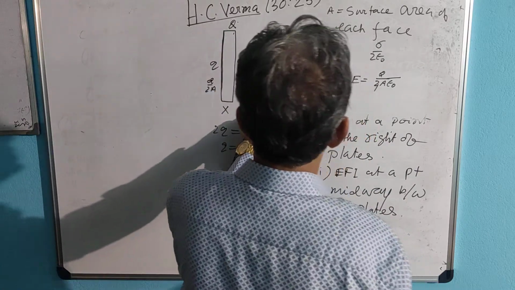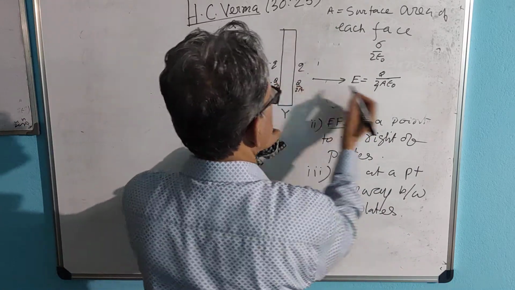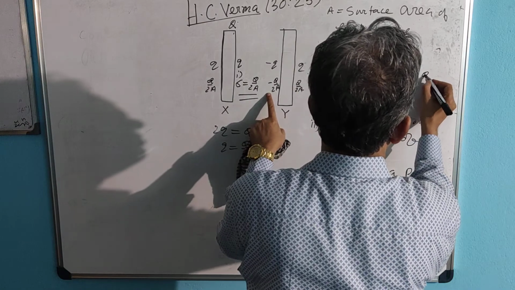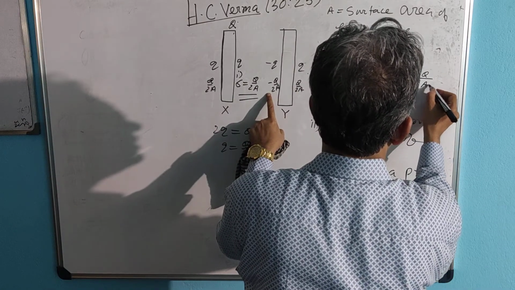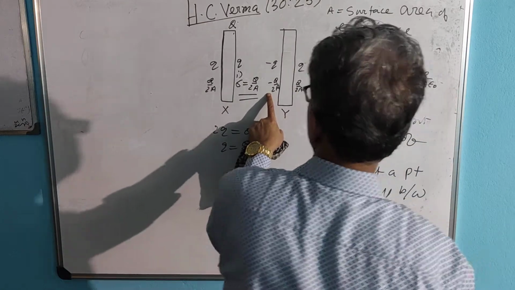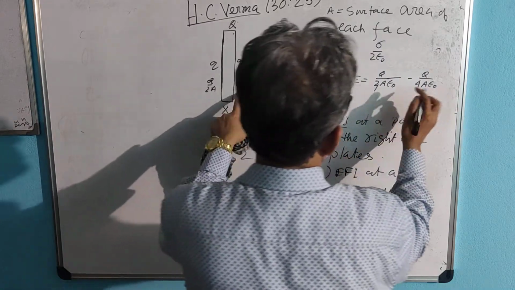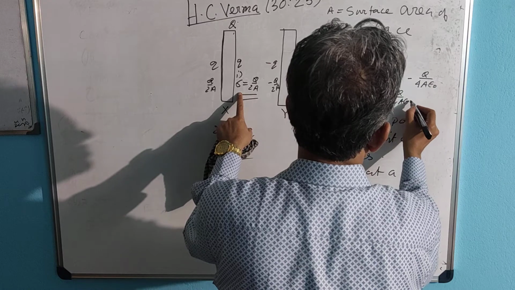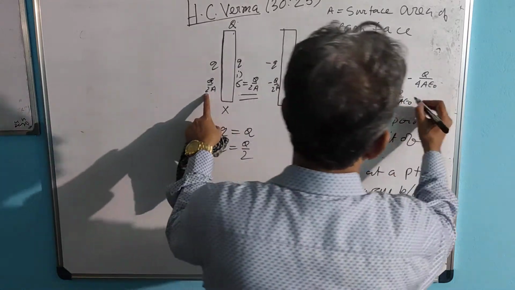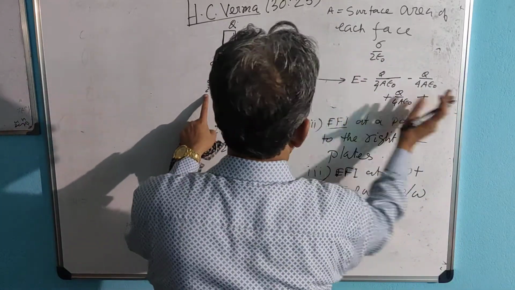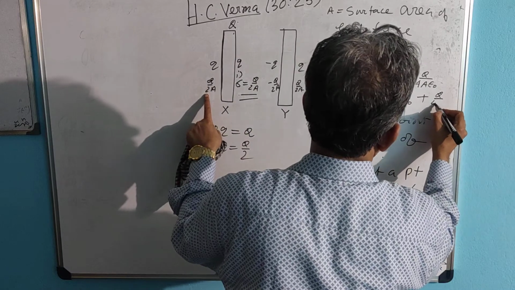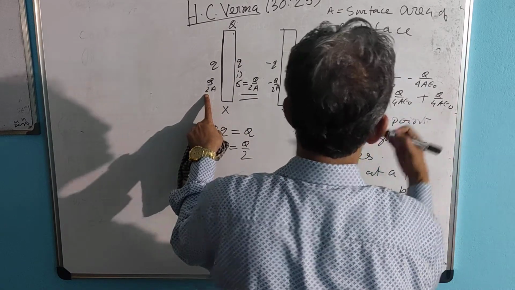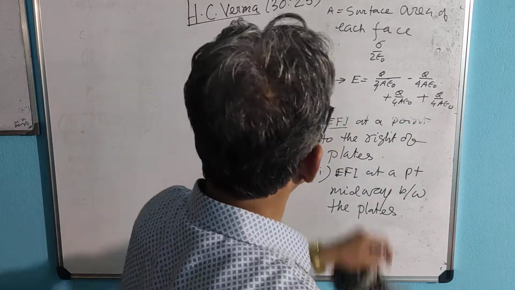Due to this, the field in this direction will be minus Q by 4A epsilon 0. Due to this, the field will be in this direction, plus Q by 4A epsilon 0. Due to this, also in this direction, Q by 4A epsilon 0. This is my total field on the right side.